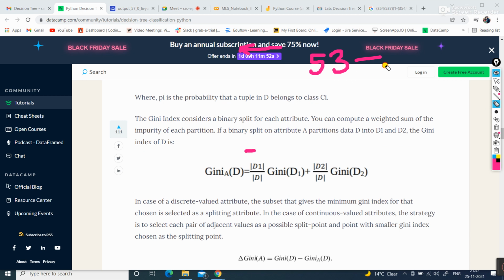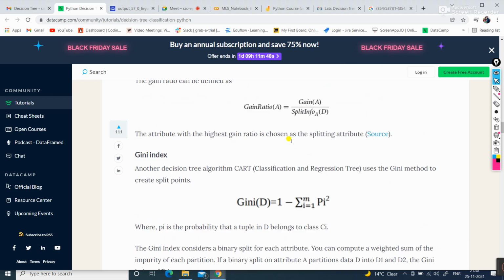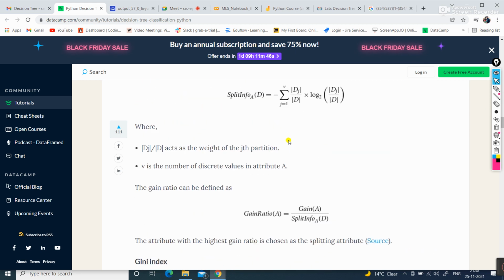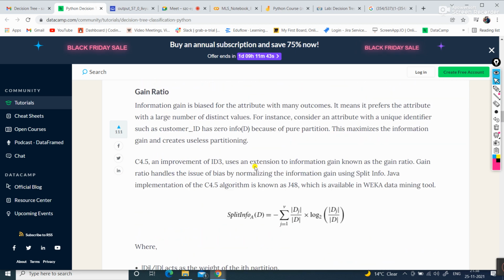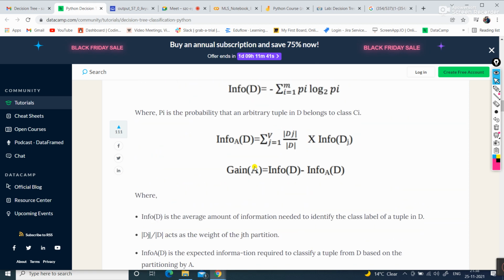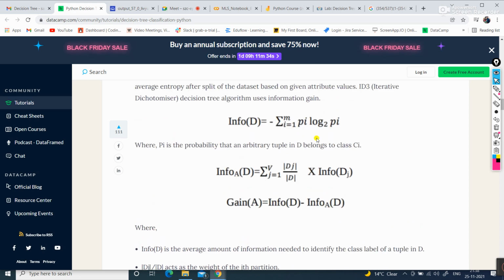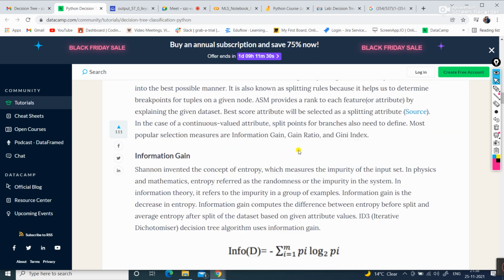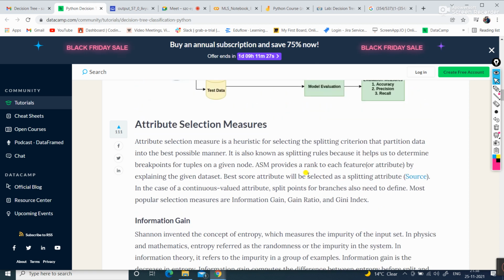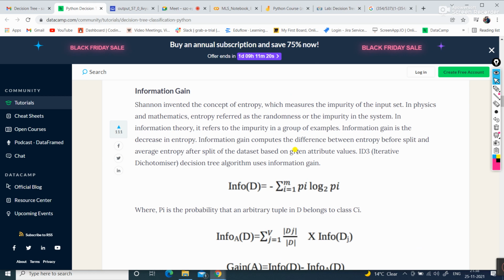We can go through this slide again. So Gini is like the probability of a first split. Information gain, gain ratio: here we are having information gain. This is the formula for information gain. You can say it is more like entropy.